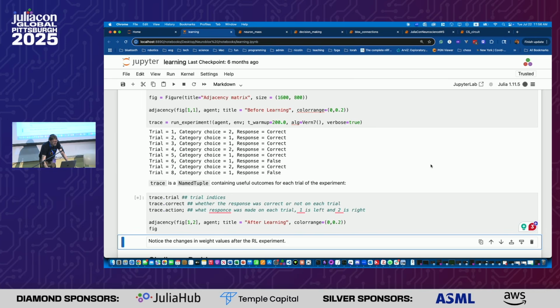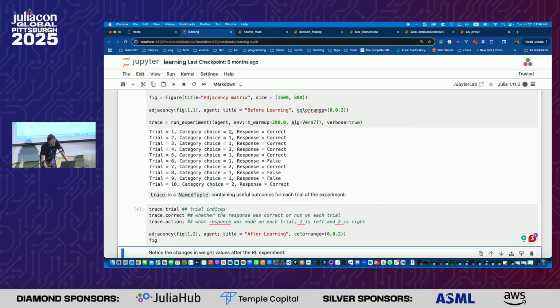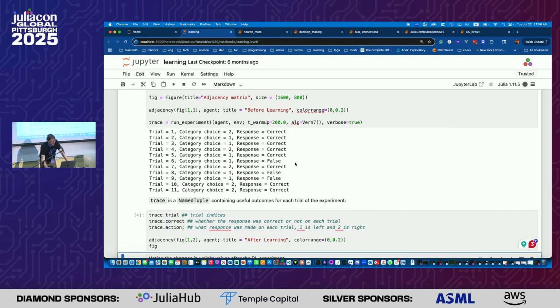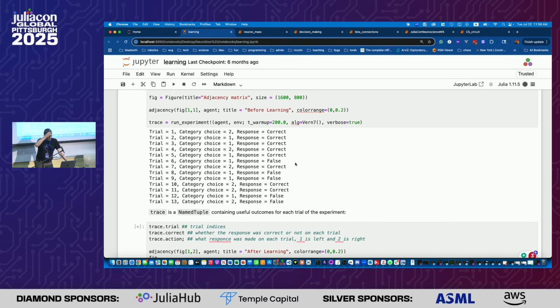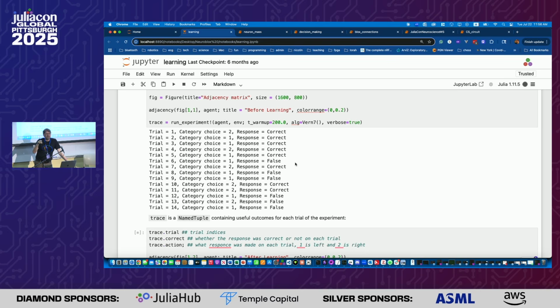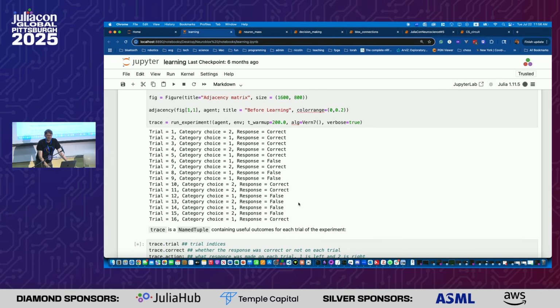And you can see here we're now running trials, and the choice is 2, and it gets it correct, but then it also gets it incorrect. And what will happen is that as the system learns, it will get better and better at picking the correct choice. So probably the trial that it got 5 correct was by chance, but now it tries other categories. And you can see now it goes wrong a lot.